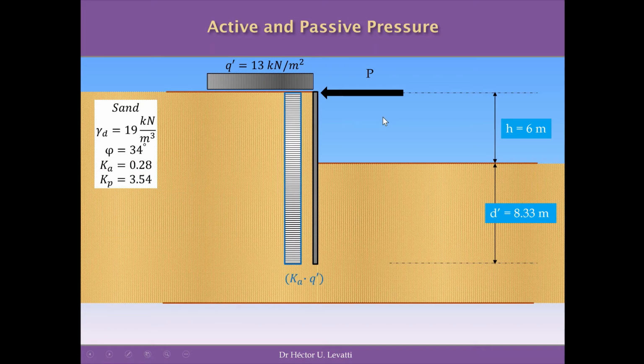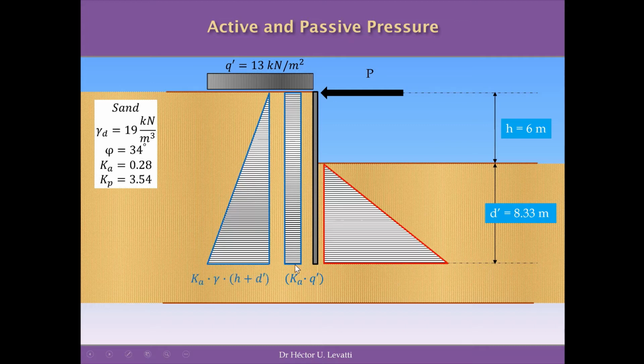After that, we are going to analyze the active pressure we have on the left side of the wall. We have the active pressure produced by the increased Q, the unfavorable variable loads. So the base of this rectangle will be Ka, the coefficient of active pressure, multiplied by Q prime.